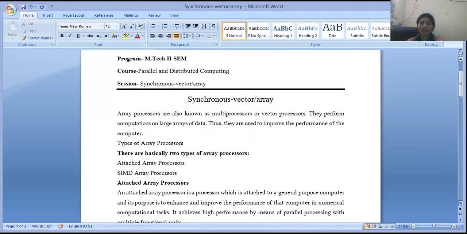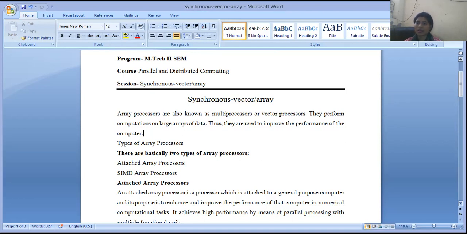So array processors are also known as multiprocessors or vector processors. Why are we calling the array processor a multiprocessor and a vector processor? Because an array is a collection of similar types of data.